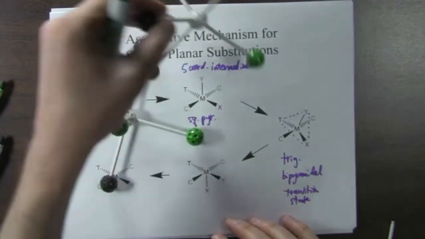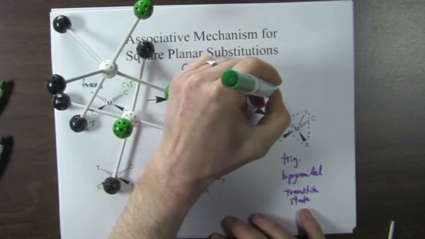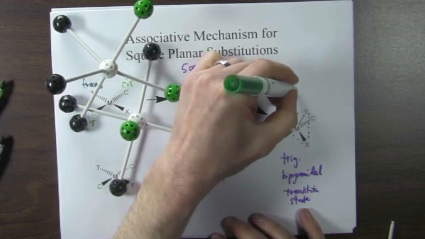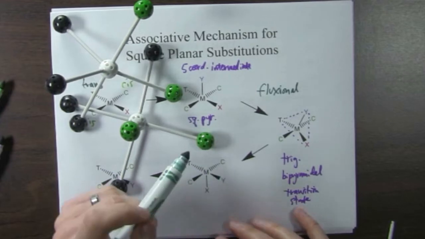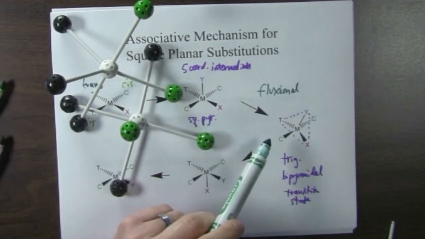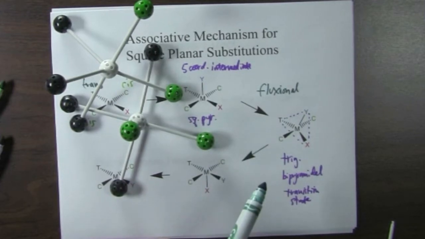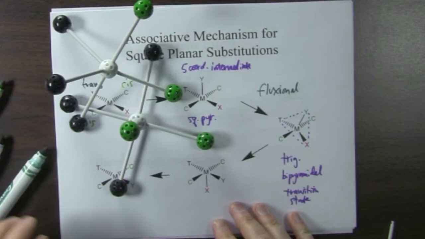The geometry is fluxional, it's in flux. It's changing with time at room temperature. And this time scale is observable. If you cool down the complex, you can observe the two different geometries in, say, an NMR spectrometer.